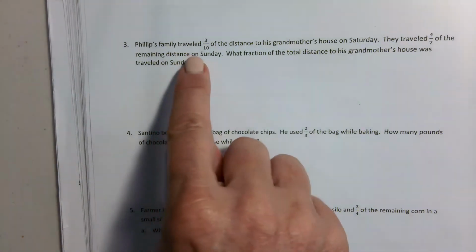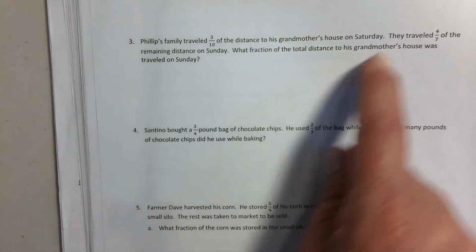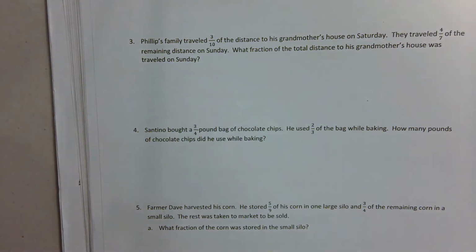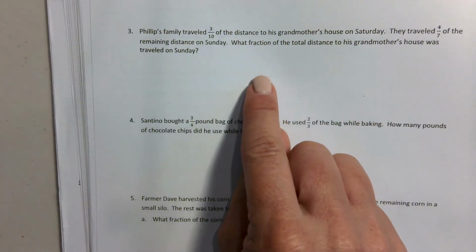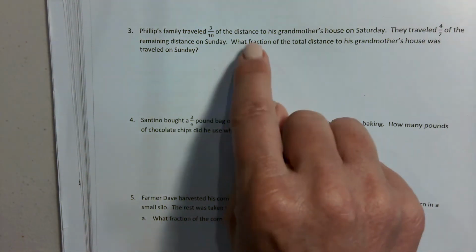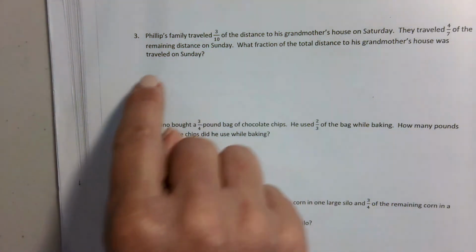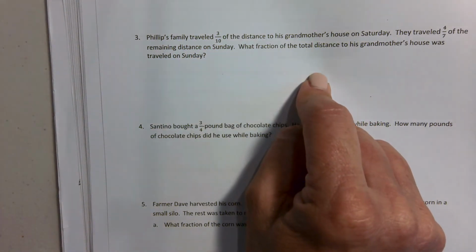Then, Philip's family traveled 3/10 of the distance to his grandmother's house on Saturday. They traveled 4/7 of the remaining distance on Sunday. Okay, this goes right back to using what we just did with Nigel. I would definitely use a tape diagram here. What fraction of the total distance to his grandmother's house was traveled on Sunday? Tape diagram that. All right.